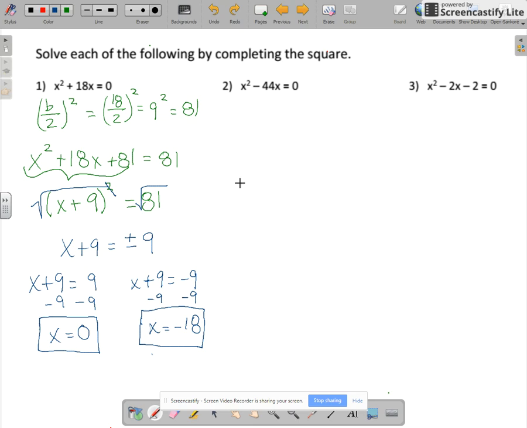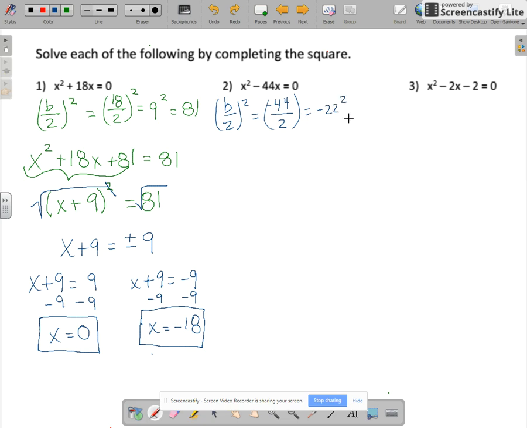In number 2, step number 1 is already completed. x squared and x are on one side of the equal sign and the constant is on the other. So we go ahead and find what we're going to be adding with b divided by 2 squared. We have negative 44 over 2, and negative 44 divided by 2 is negative 22.